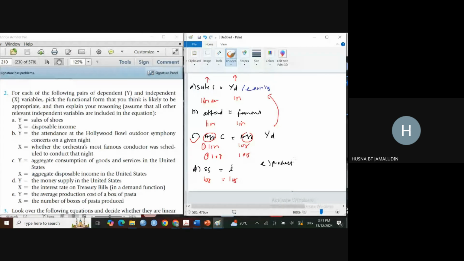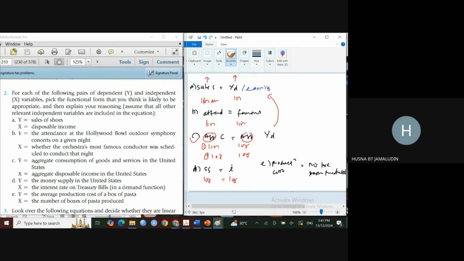Production cost is a function of what? Number of boxes of pasta produced. When you talk about the cost, we have discussed this in class.